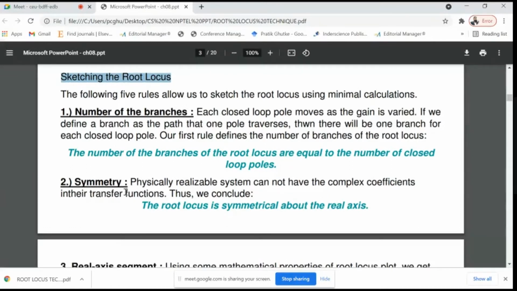The first rule defines the number of branches of the root locus. The number of branches of the root locus is equal to the number of closed loop poles. Keep that in mind, this highlighted statement.